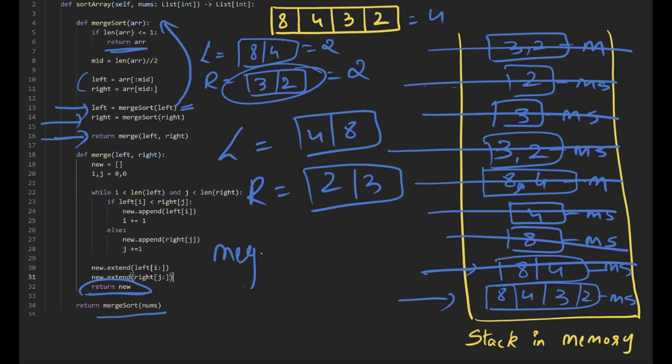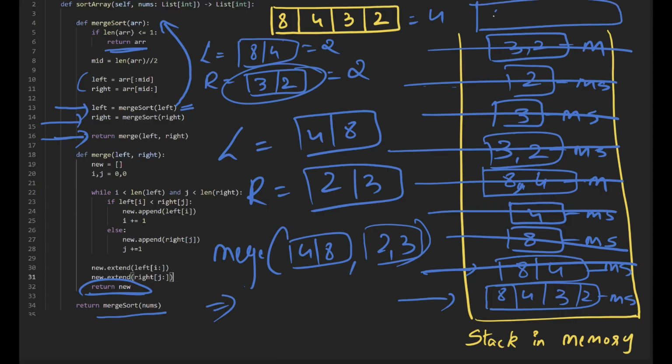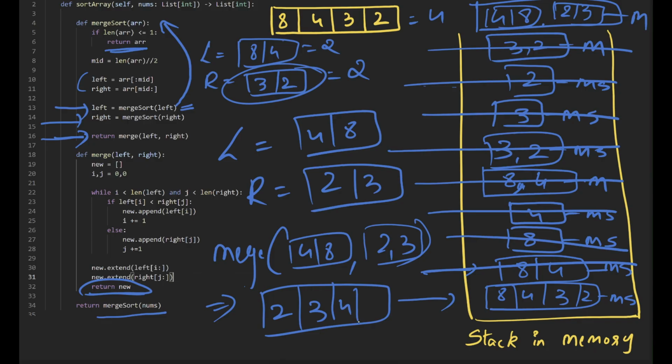Now we will go to the merge and pass 4 8 comma 2 3. These two arrays will pass to merge, and don't forget to track it. The merge will return a sorted array, 2 3 4 8.